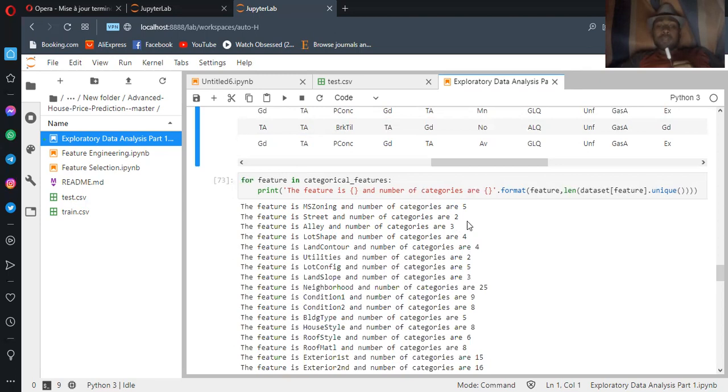For the second one it is two, three, four. For this neighborhood it is 25. That means we don't have a high density of people.